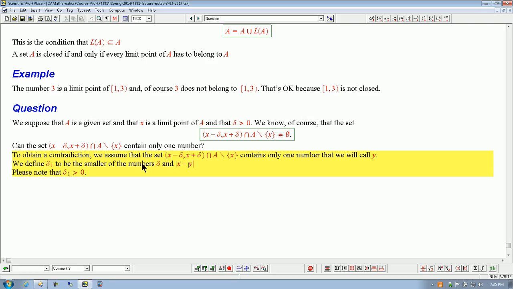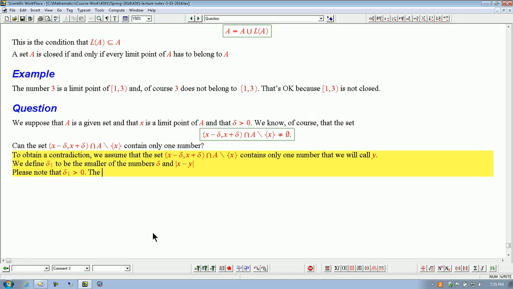Because y belongs where? There, y is definitely not equal to x, right? So therefore, x minus y is not the number 0. It's either positive or negative, and the absolute value is definitely positive, right. So we know that delta 1 is positive. Okay?